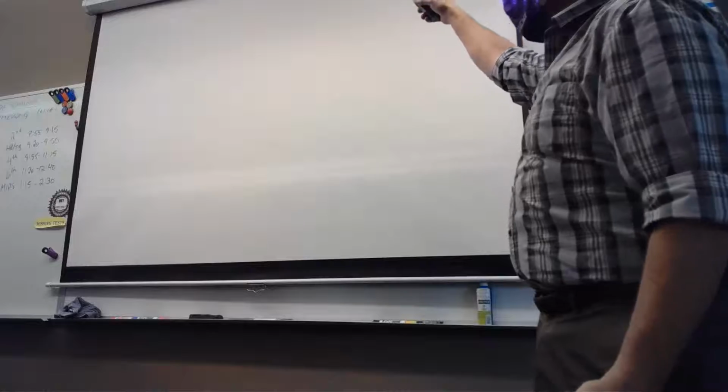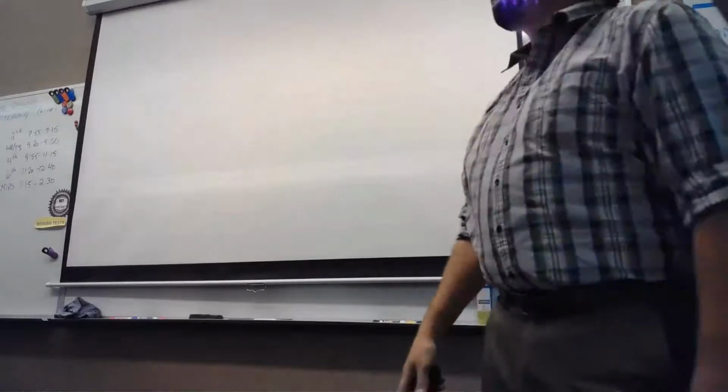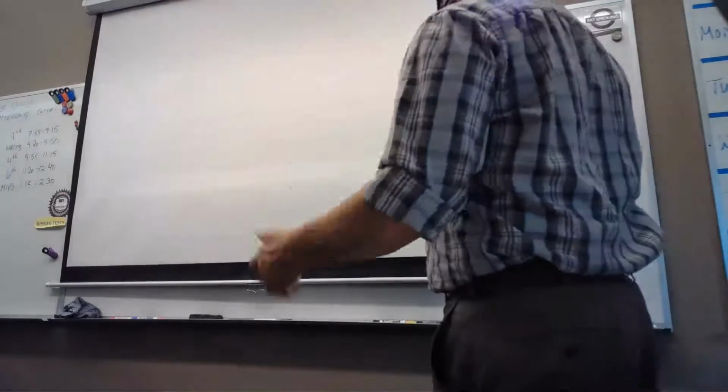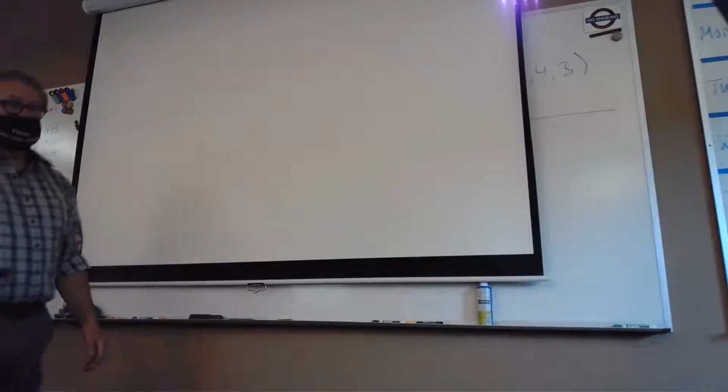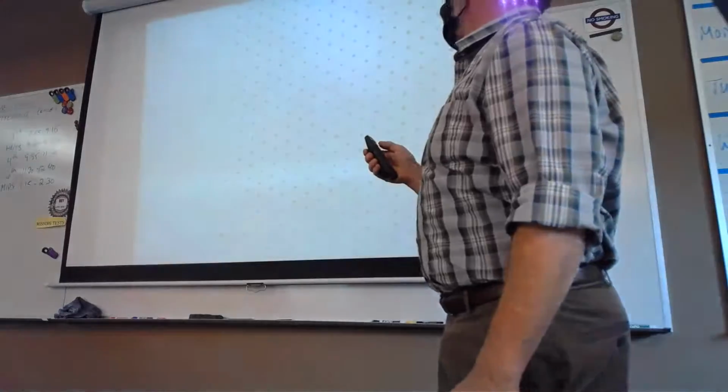Oh, for Pete's sakes. Ridiculous. Absolutely ridiculous. Technology. There's a button called blank. When you push the button called blank, it goes blank. When you push the button called blank again, it's supposed to come back. I think my remote's going bad.